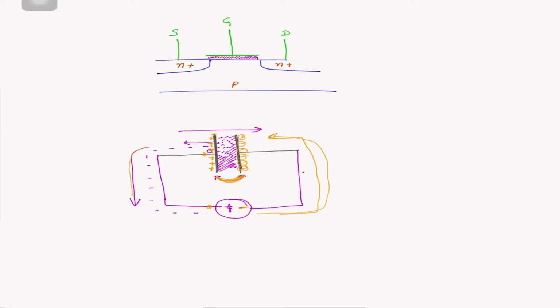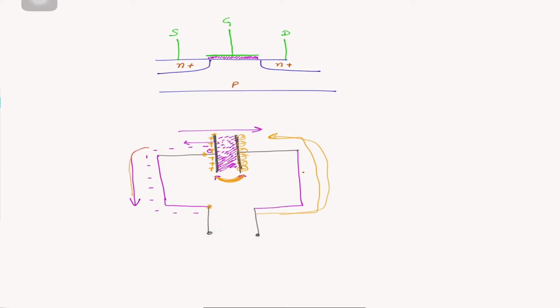Now the beauty is that, let's say you want to get rid of the battery and connect it to some other circuit there.